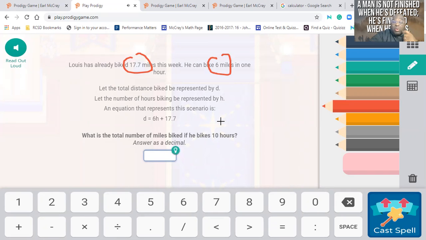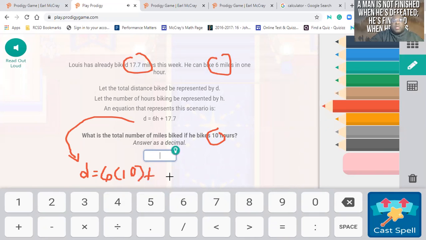And we know that he eventually is going to do it for 10 hours. So our equation would mirror this. Our distance is going to be 6 times our number of hours, which is 10, plus the distance he's already traveled, which is 17.7 miles.